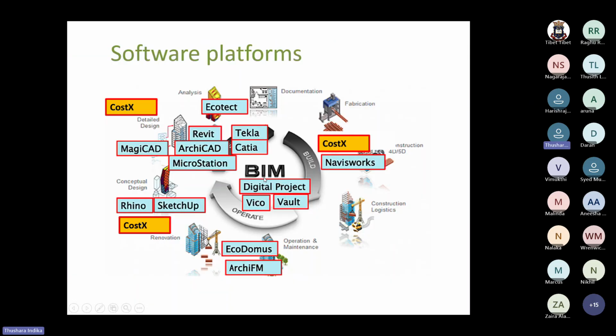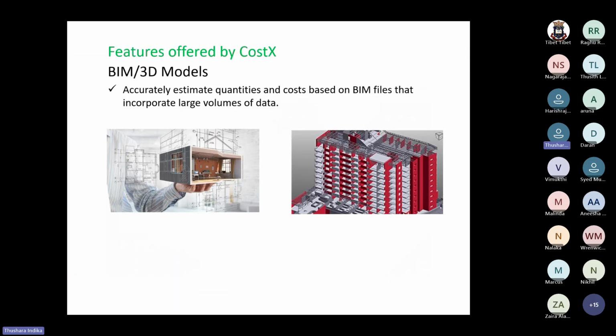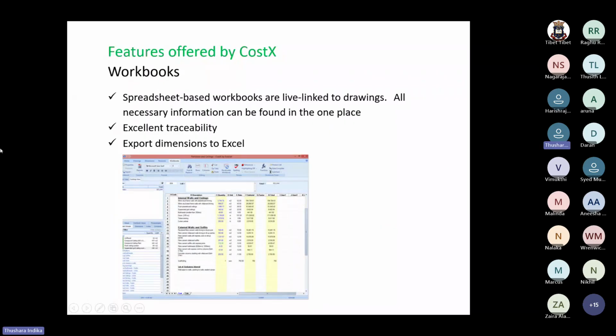Right. So we discussed that 2D takeoff is possible, and 3D quantity harvesting is possible. You can extract the quantity from the 3D model, and then you can prepare the BOQ. We call it a workbook. It's like a spreadsheet-based workbook. I will show you all these things, don't worry. It has excellent traceability and export of dimensions to Excel.